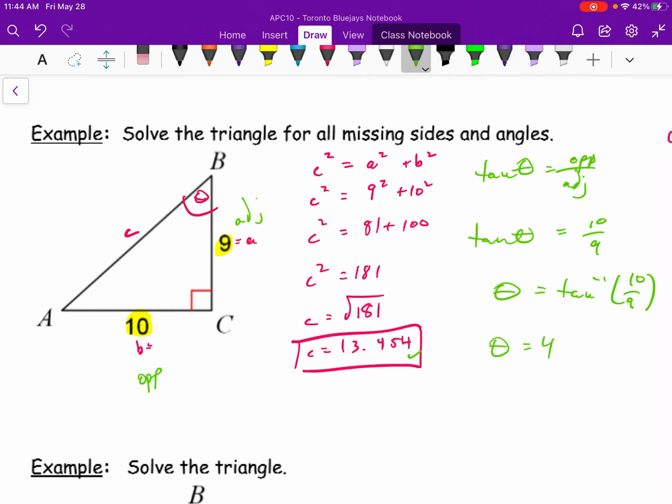And what I get is theta is equal to 48.013 degrees. I'm going to keep that to 3 decimal places. So I have theta is equal to that. And really, when I'm talking about theta, I'm talking about angle B.